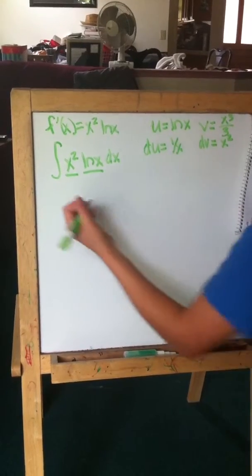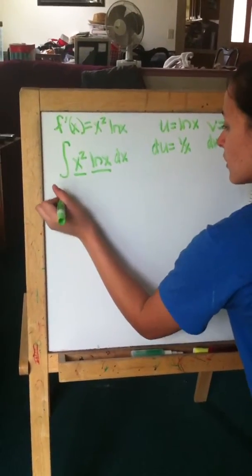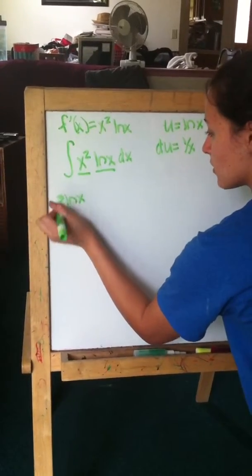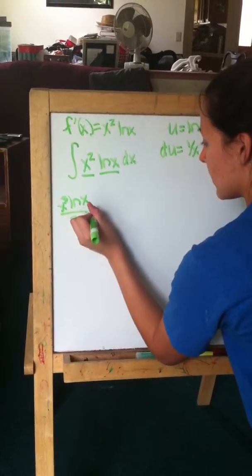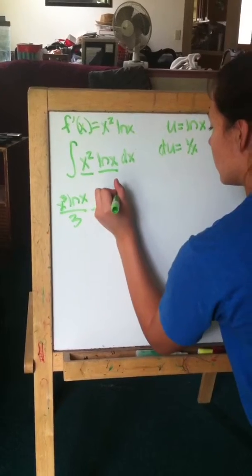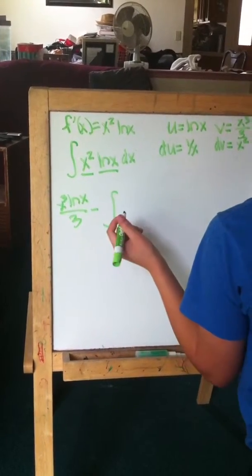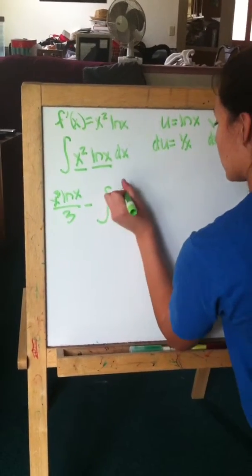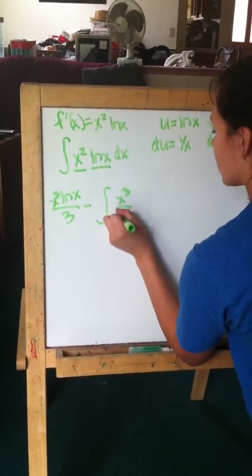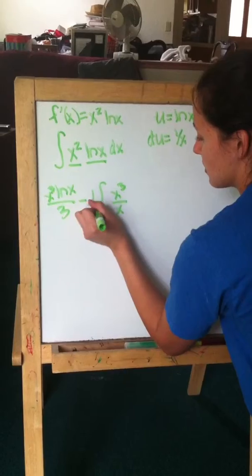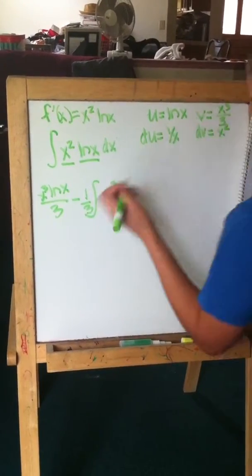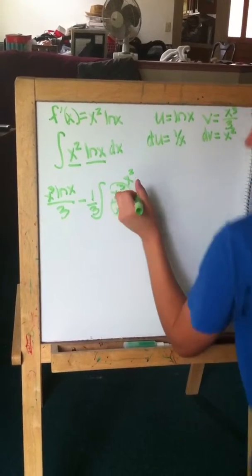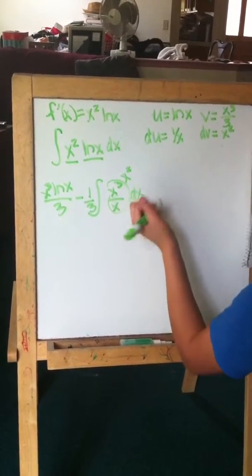So you have your uv minus the integral of your v du, which will be x cubed over 3x, and you can pull out the 1/3, which looks nicer, and this is just x squared dx.